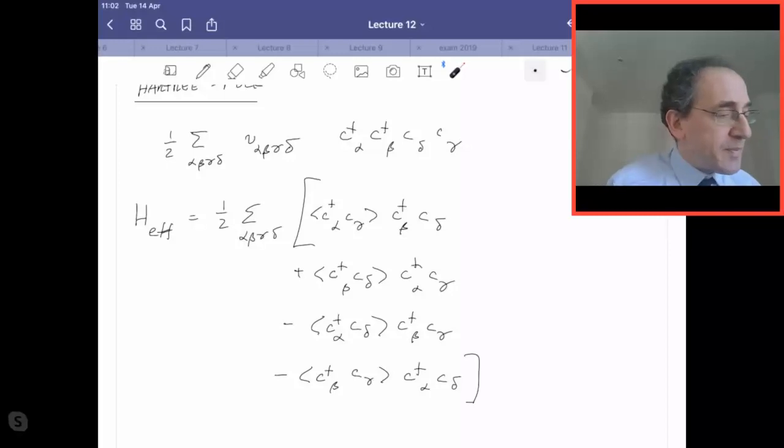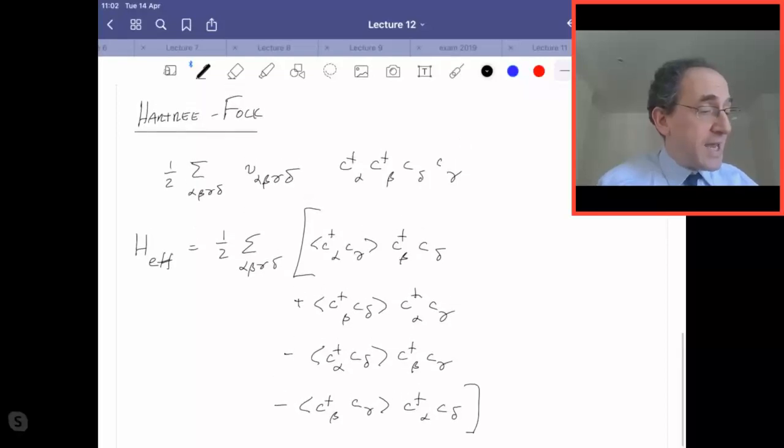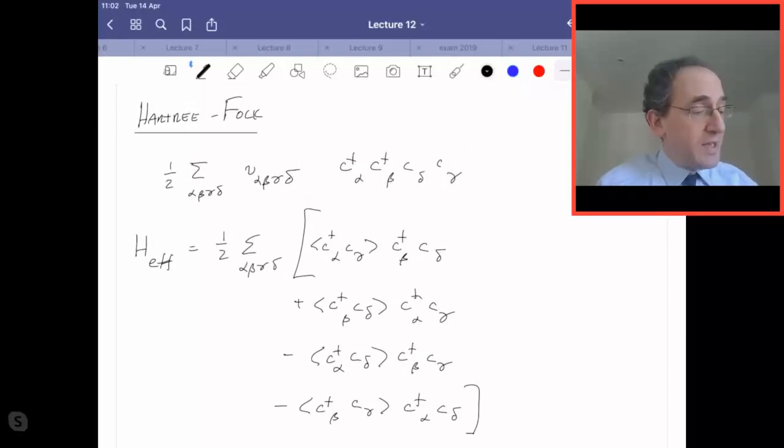All right. There's one more thing that we're going to notice, and remember that there's a symmetry of the, oh my gosh, I left out a V also, so let's put in V alpha beta gamma delta times the whole thing.